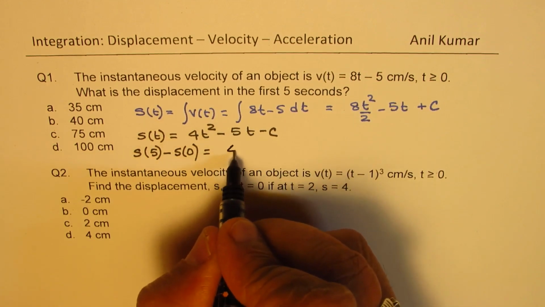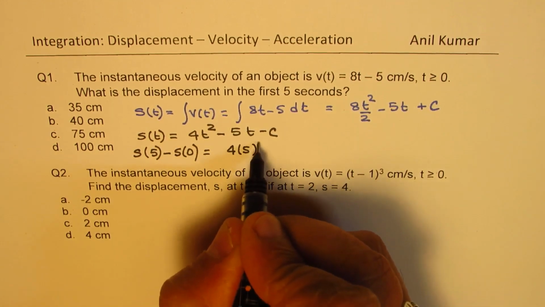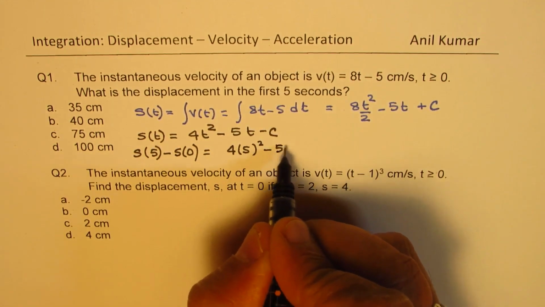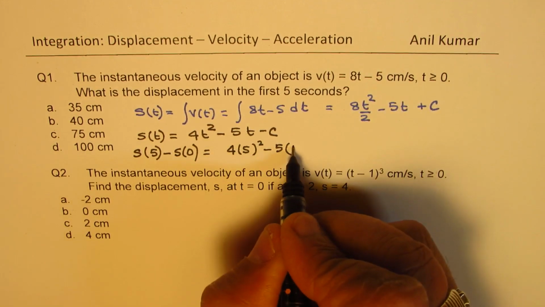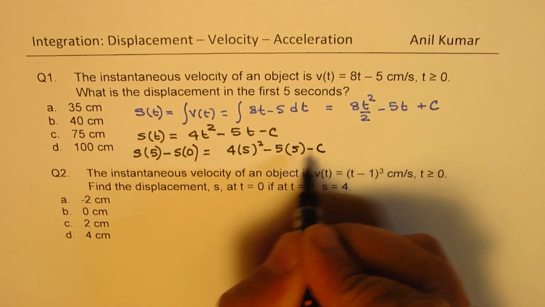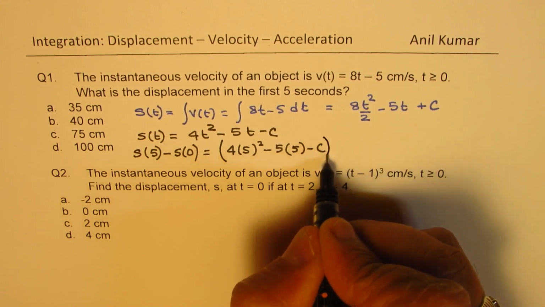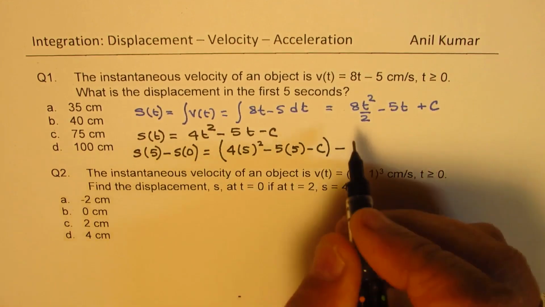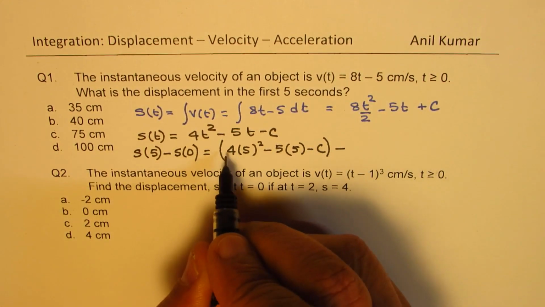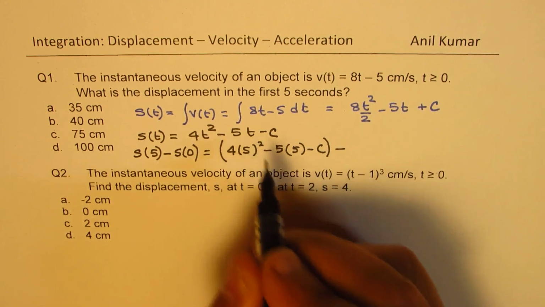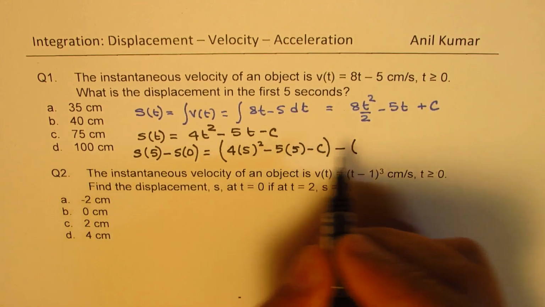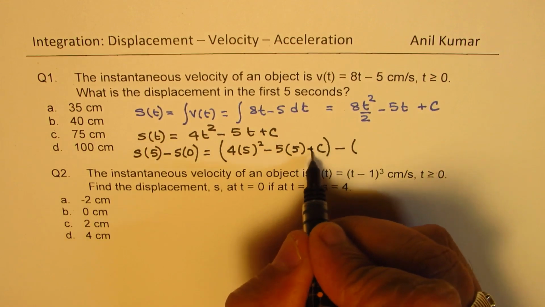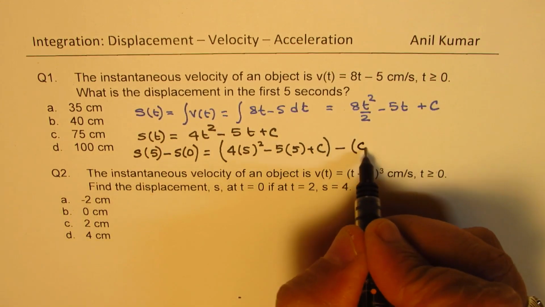We get 4 times 5 square minus 5 times 5 plus c, and from this value we'll take away the value when t is 0. When t is 0, we are left with c.